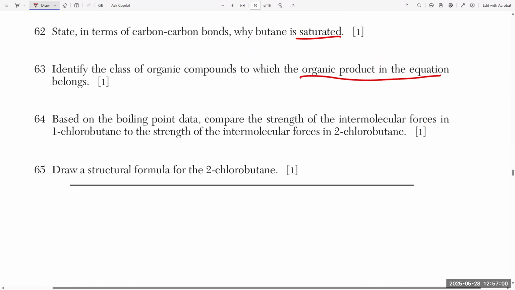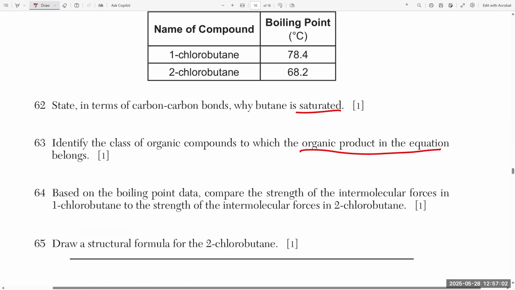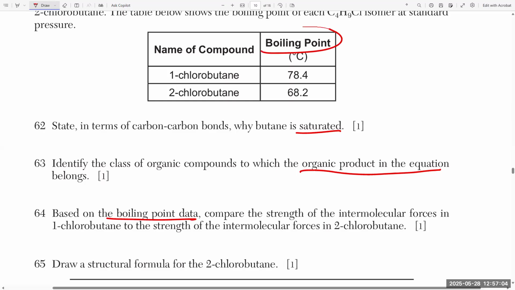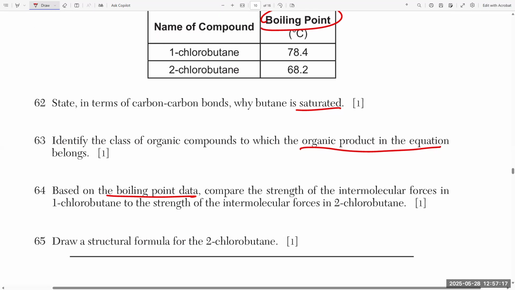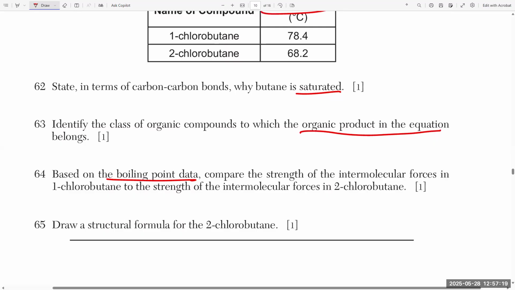Based on the boiling point data, what does that mean? Boiling point data, it's up here, right? Compare the strength of intermolecular forces in 1-chlorobutane to the strength of intermolecular forces in 2-chlorobutane. Now, let's just summarize this for the last time, right? Stronger intermolecular force means what?